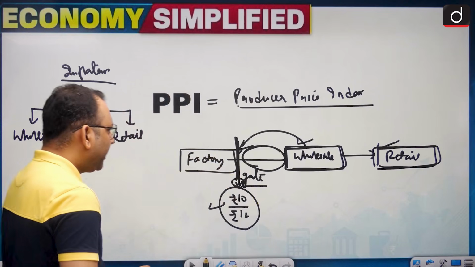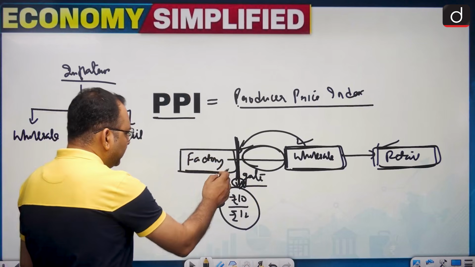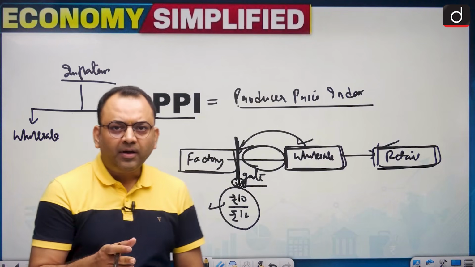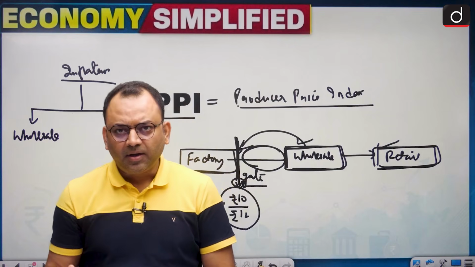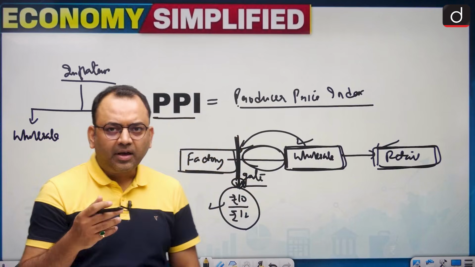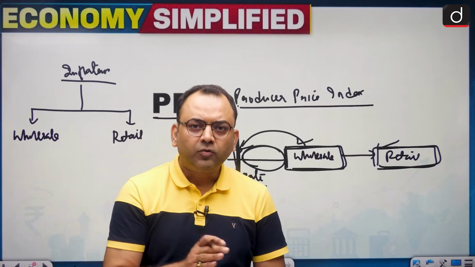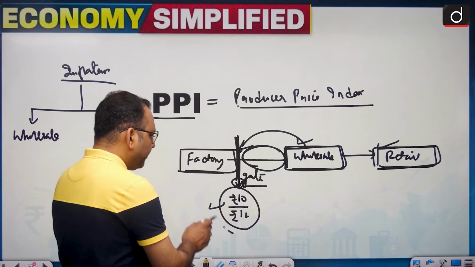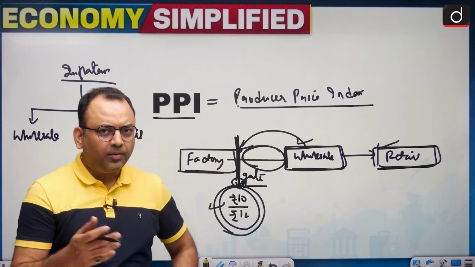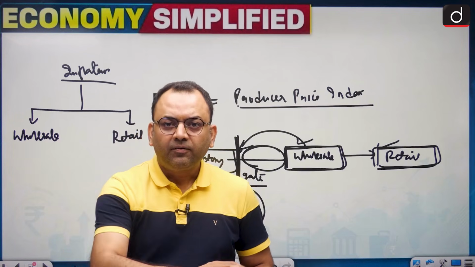So the PPI is an index which will measure the change in the price of commodities when a commodity leaves a factory, right? The producer gets rupees 10 now on the sale of the goods, and will now get rupees 12. So this change is the change of the prices, because what the producer gets is what the consumer pays at the different levels.